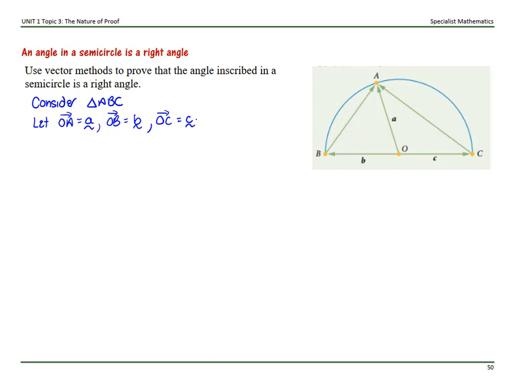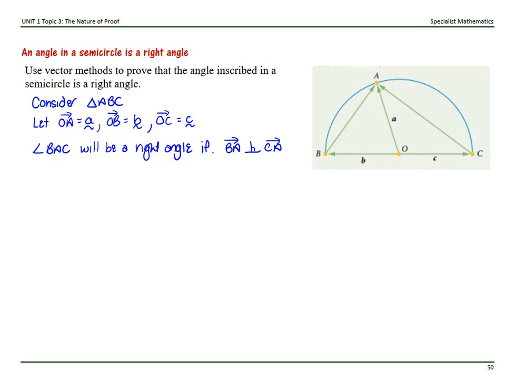Now, angle BAC is the one that we want to show as a right angle. Now, it's only going to be a right angle if vector BA is perpendicular to vector CA.